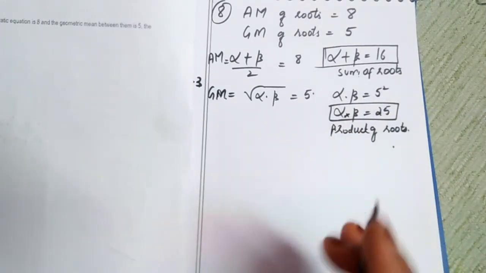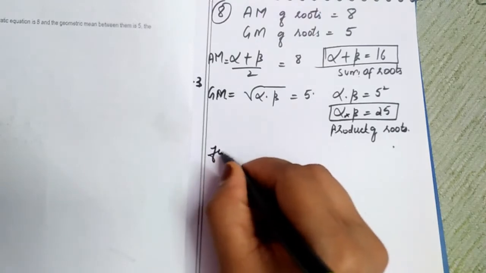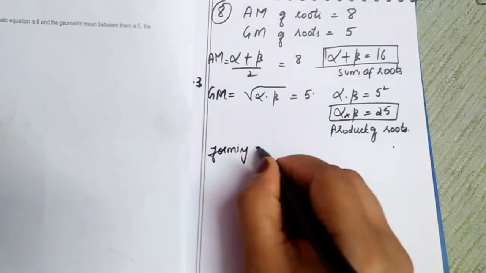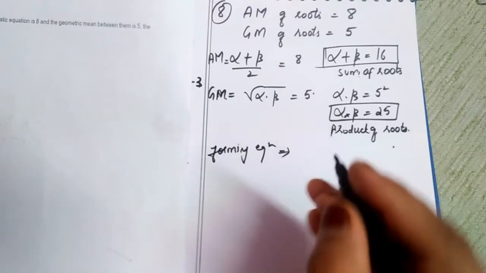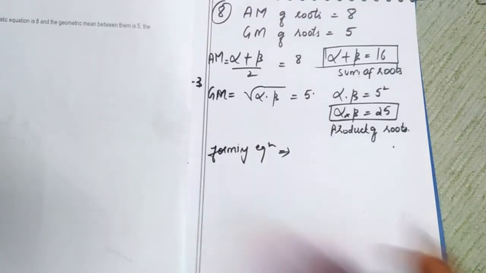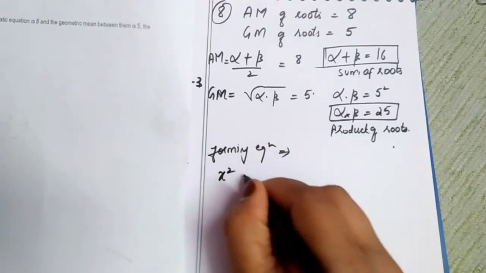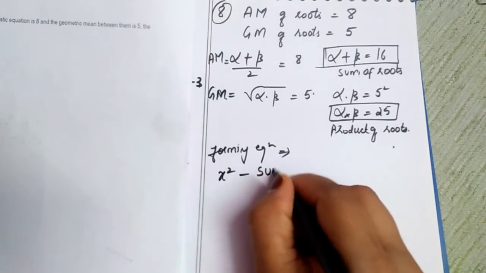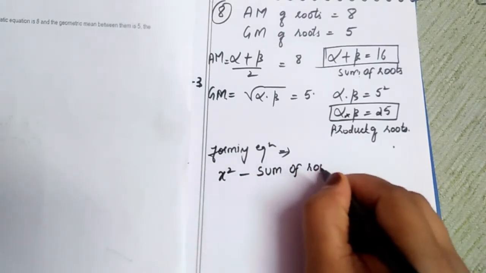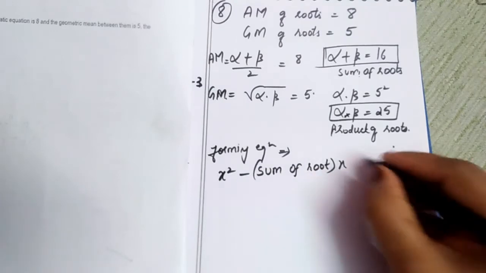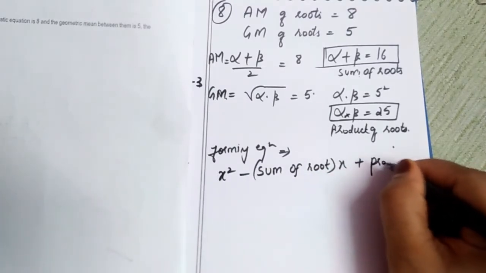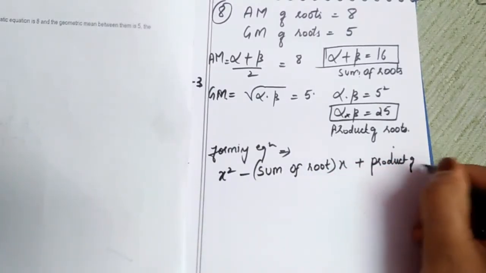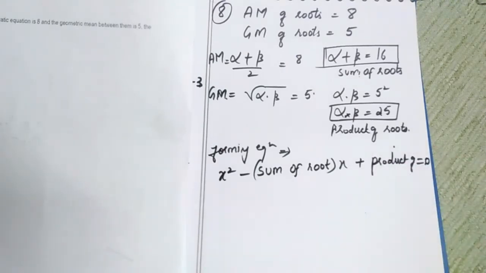Now forming an equation, it's very simple. You need to know the formula for how to form the equation. It is x square minus sum of the roots into x plus product of the roots is equal to 0.